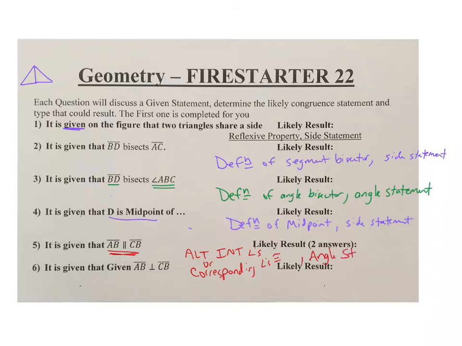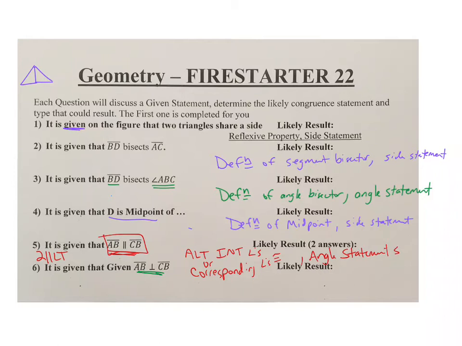So if you ever see parallel lines as a given, more than likely you're going to try to use two parallel lines cut by a transversal to get those different angle congruencies.